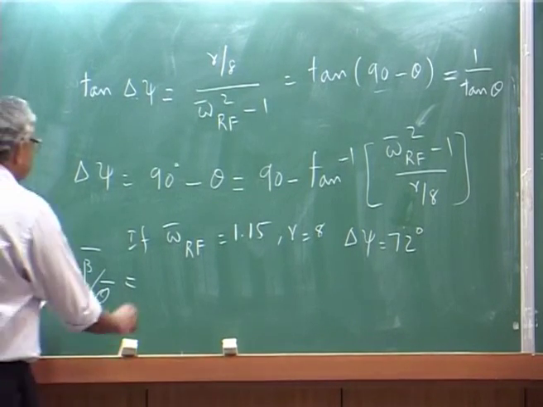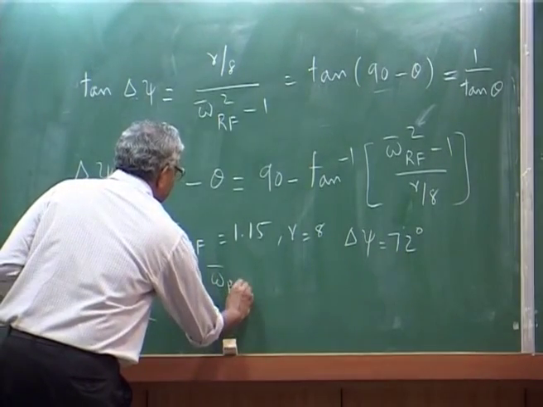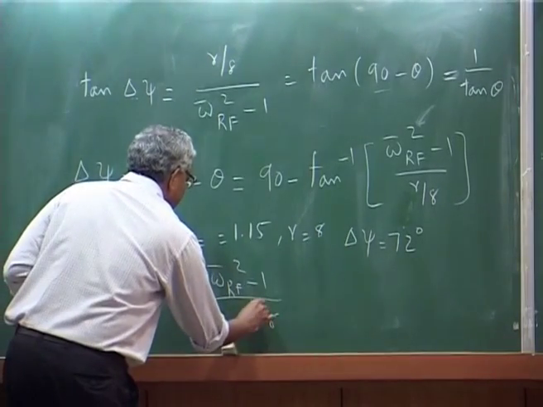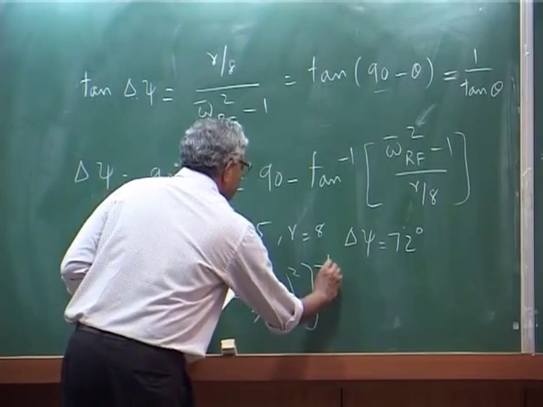This actually is 1 plus omega bar RF square minus 1 over gamma over 8, okay, whole square power minus half.